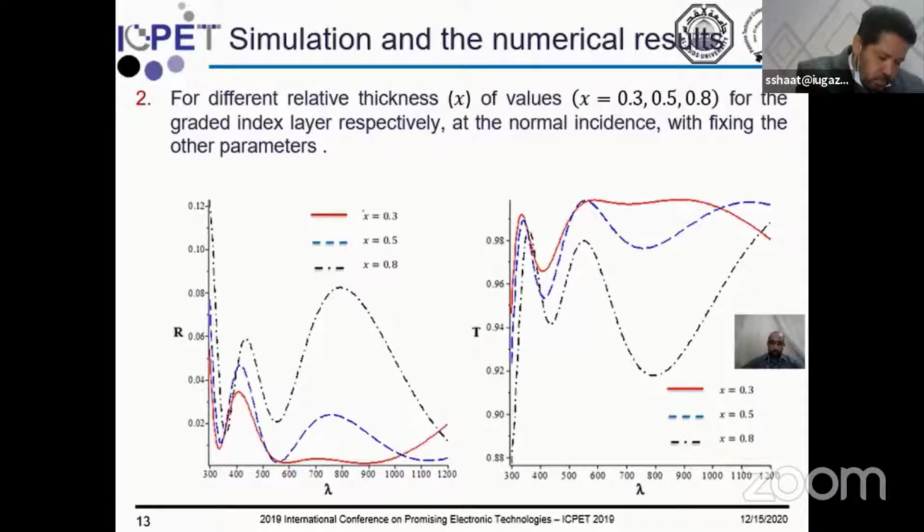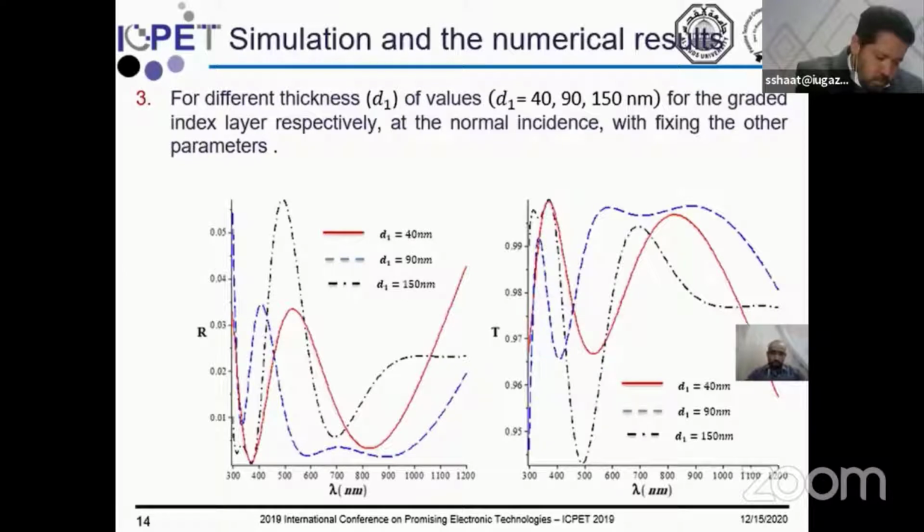So at x equal 0.3 and for a long range of wavelength, we get the minimum reflectance and maximum transmittance.